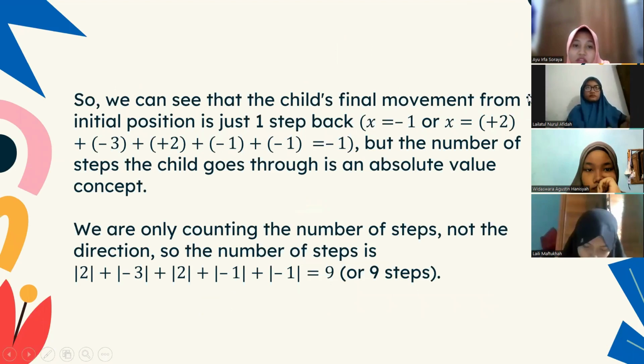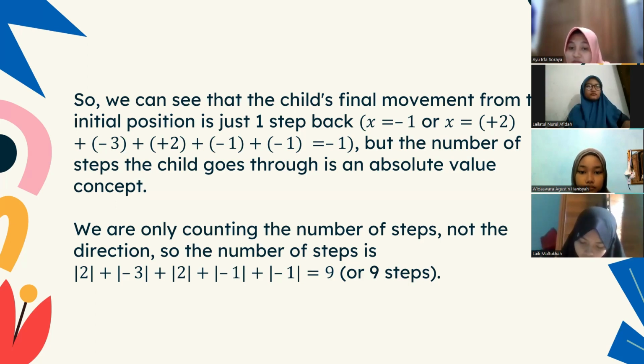So we can see that the child's final movement from the initial position is just 1 step back. That is x equals -1, or x equals +2 plus -3 plus +2 plus -1 plus -1, which equals -1. But for the number of steps the child goes through, in the absolute value concept we are counting the number of steps, not the direction.